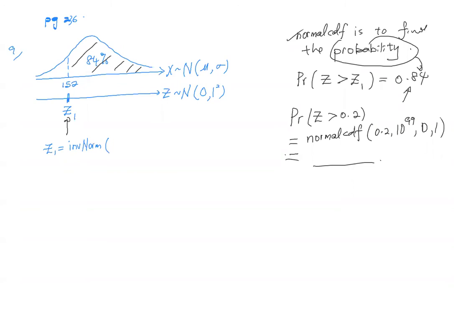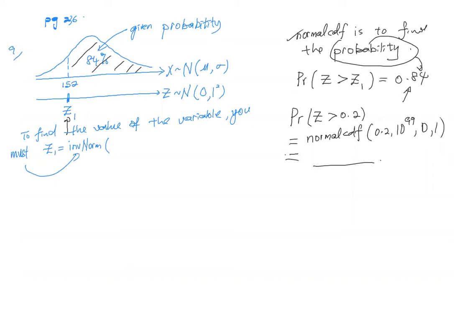So always remember, given probability, and you want to find the value of the variable, you must use inverse norm.